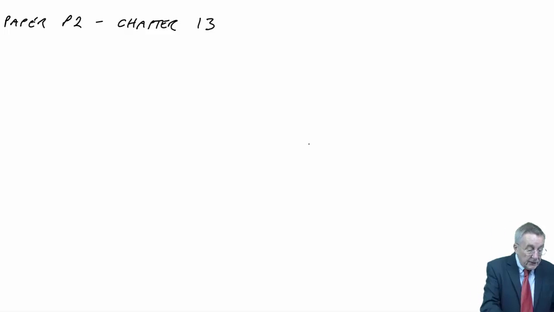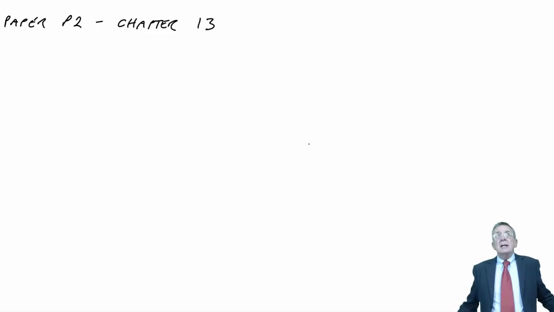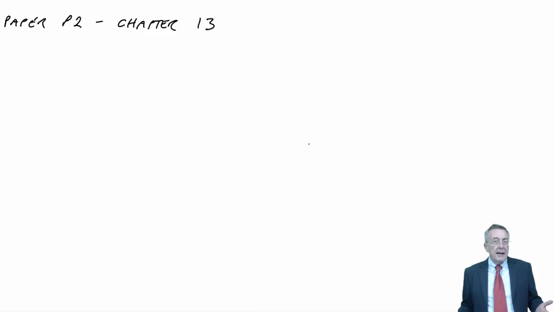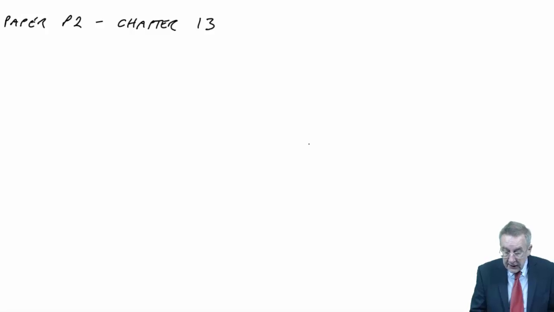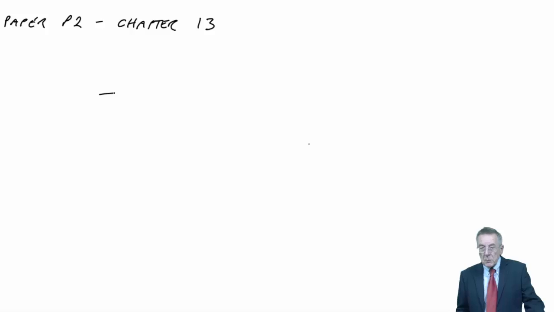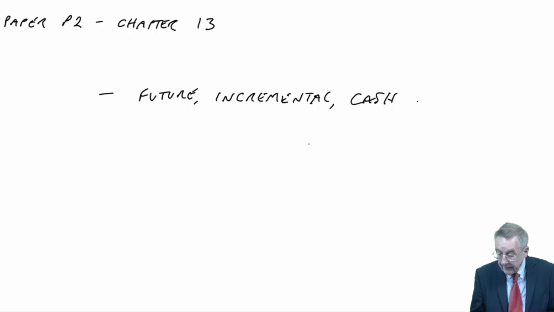And you'll see, if you look at the notes, first of all, it discusses relevant costs, which actually is something that you should already be happy with from paper P1. But when we're doing discounted cash flow, what we're looking for always are the future incremental cash flows.